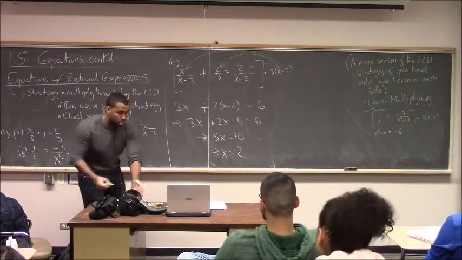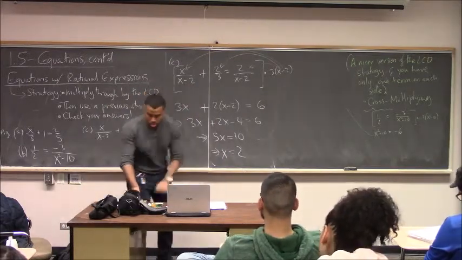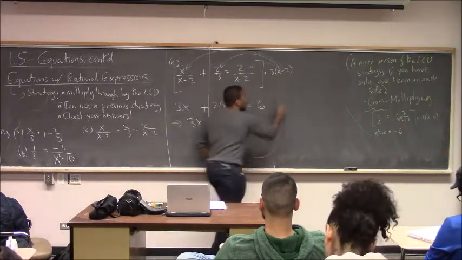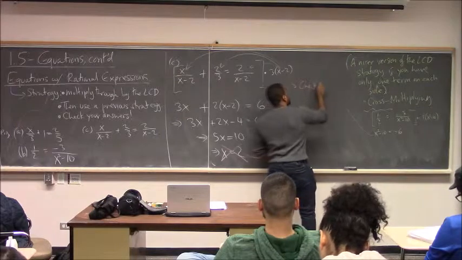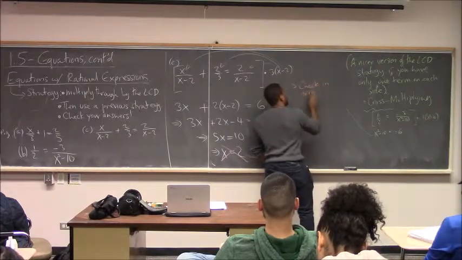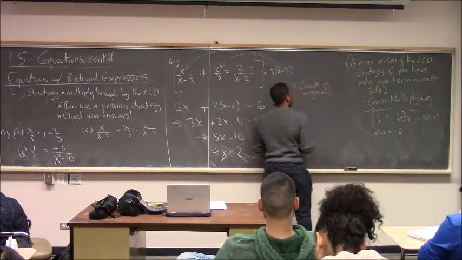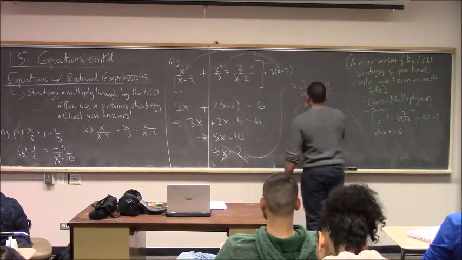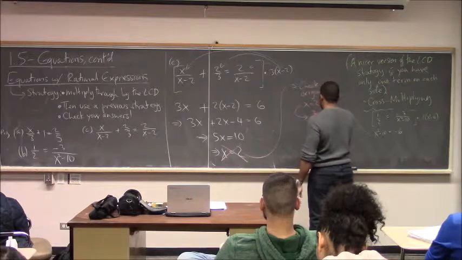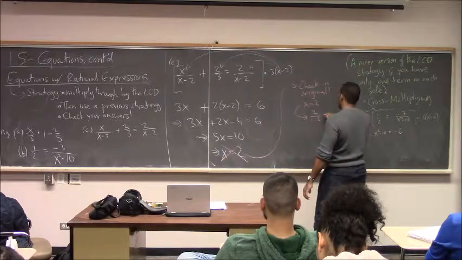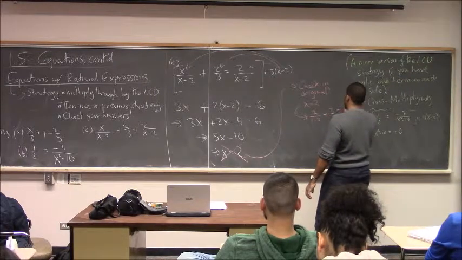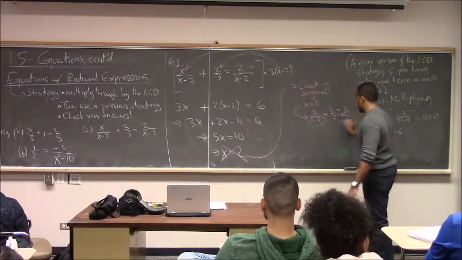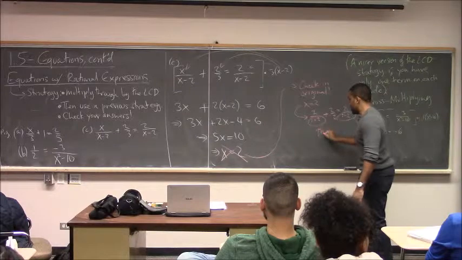So here you'd realize, this is an important one to check. This is not the answer, because to check in the original, if we plug in x equals 2, we would end up with 2 over 2 minus 2 plus 2/3 over 2 minus 2, and this guy here is division by 0.